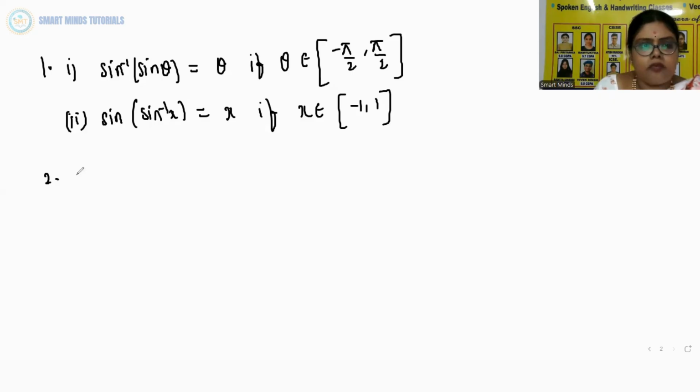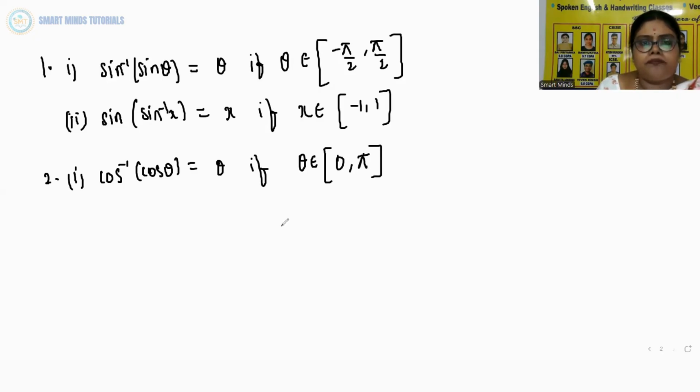Now the second formula is cos inverse of cos theta equals theta if theta belongs to closed interval 0 to pi. So whenever theta is in between 0 and pi, including 0 and pi, then you can write cos inverse of cos theta as theta.